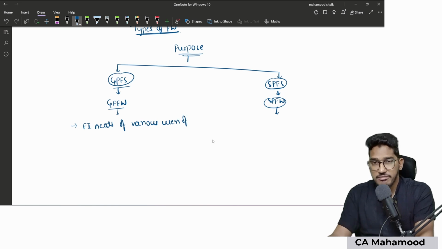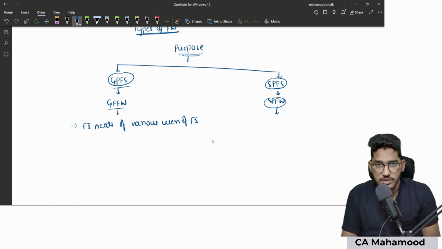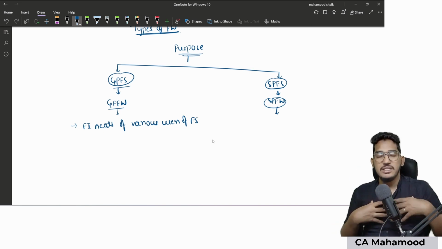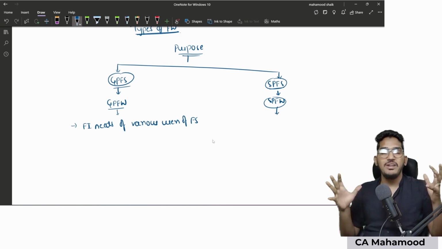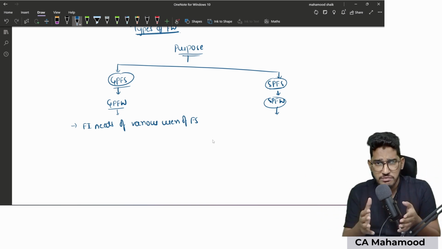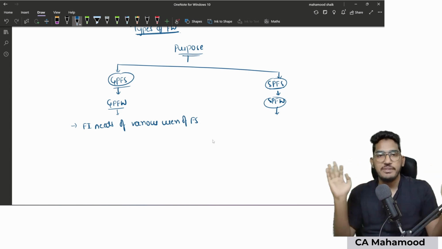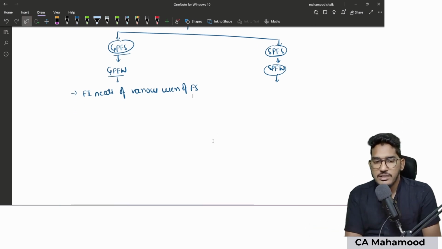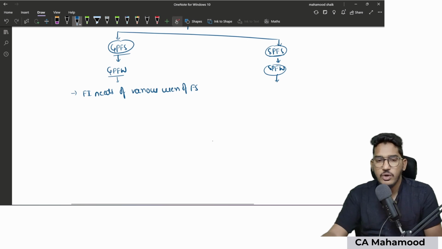If the set of rules and regulations which you are following has the capability to fulfill financial information needs of all the users of financial statements simultaneously, that framework we call general purpose framework. Let me give you an example, but before that we have to quickly go through who are the various users of financial statements.